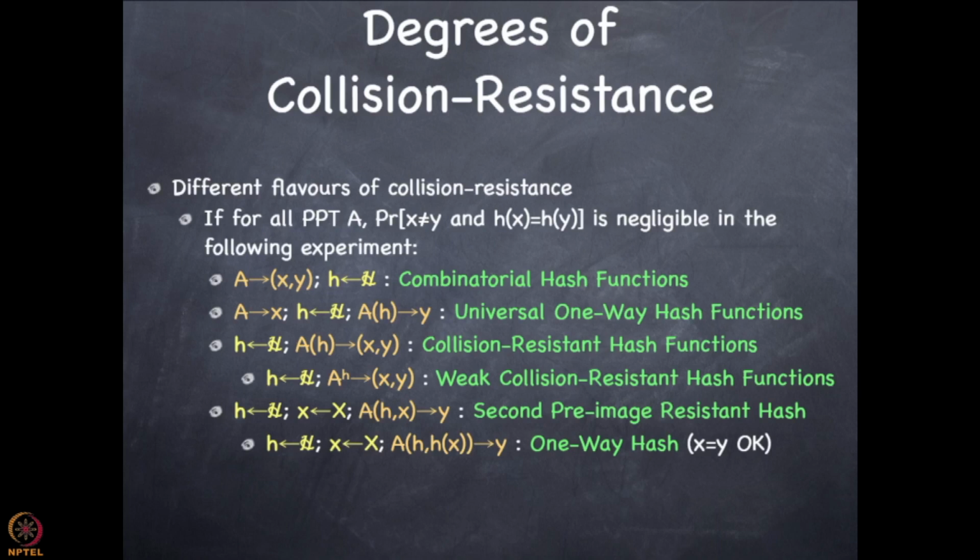What is a collision? Two inputs x and y, typically distinct. We'll require them to be distinct inputs x and y which hash to the same value. Of course, that's what a collision is: you want two inputs that hash to the same value. We are not specifying at this point what value.